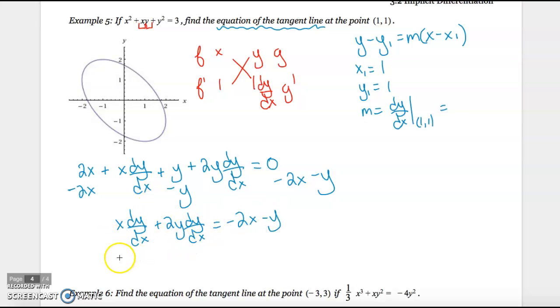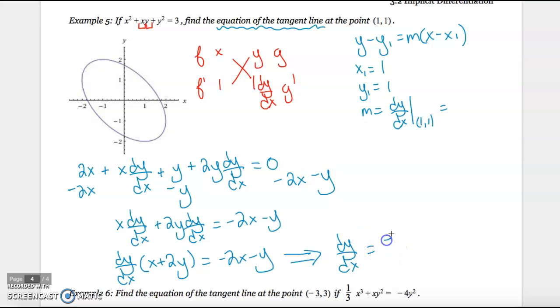Pull that dy dx out as a GCF, so dy dx times x plus 2y. Then to get dy dx by itself, you just divide both sides by x plus 2y. So our dy dx would be negative 2x minus y over x plus 2y. No, you can't cancel anything because you have addition and subtraction going on, and there isn't a 2 in every single term, so I just have to leave those alone.